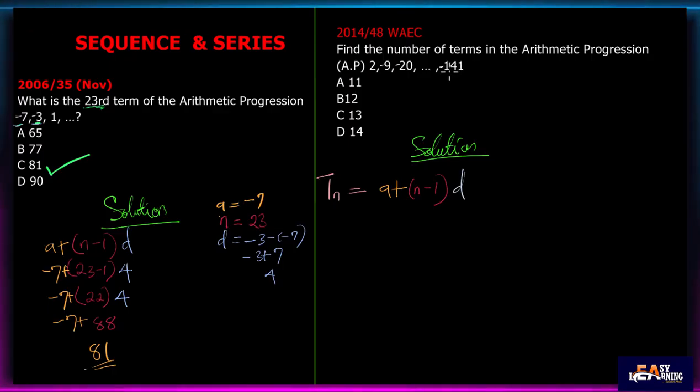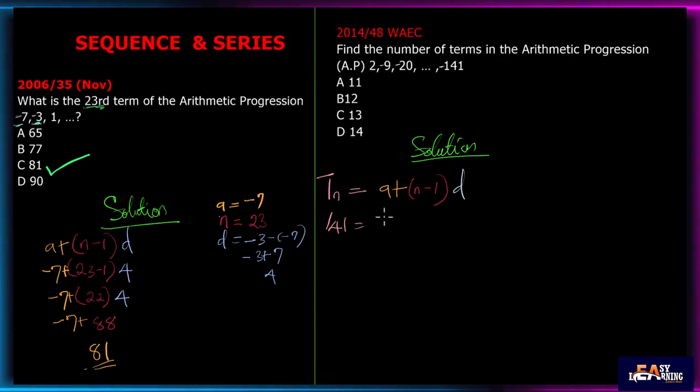In this case, we know the last term, and the last term is minus 141. So minus 141 equals the first term here, which is 2.